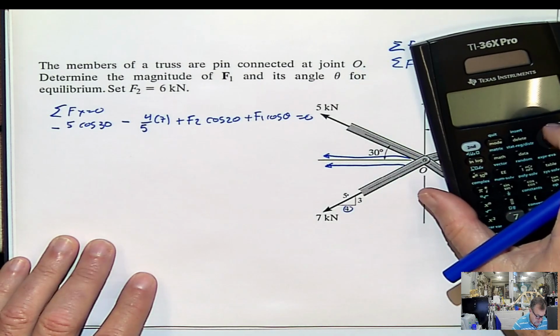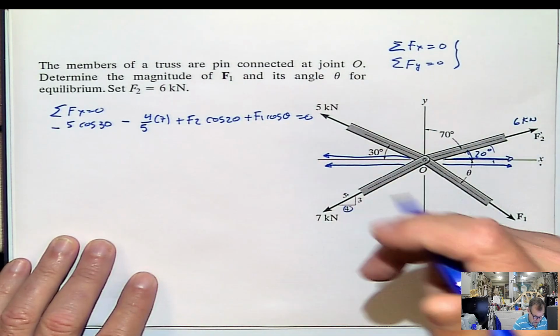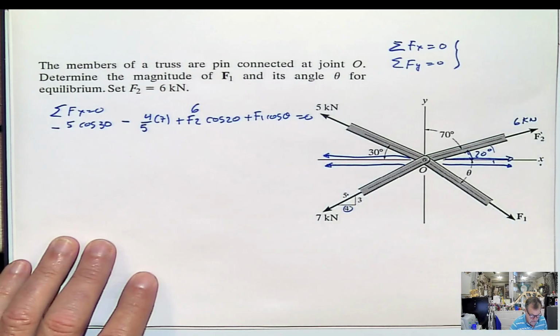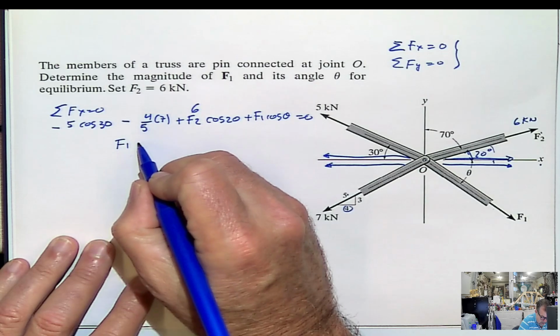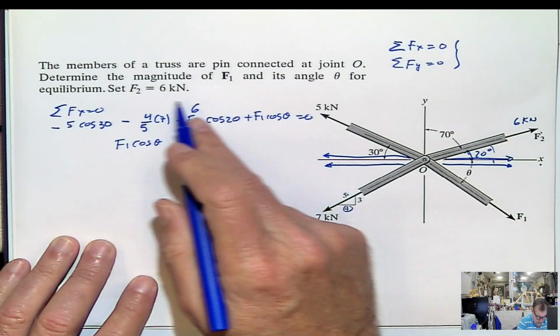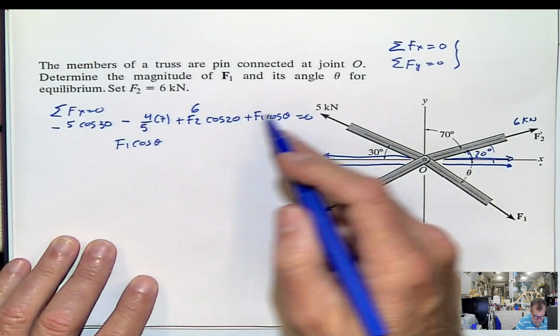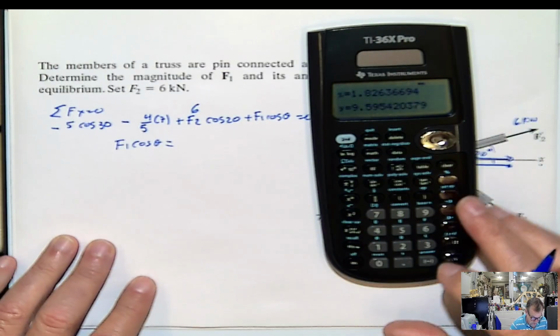We can reorganize this. F2, I know it. This is 6. So I can solve for F1 cosine theta. I'm going to leave F1 cosine theta on one side, and I'm going to combine the rest and pass it with the opposite sign to the other side of the equation.